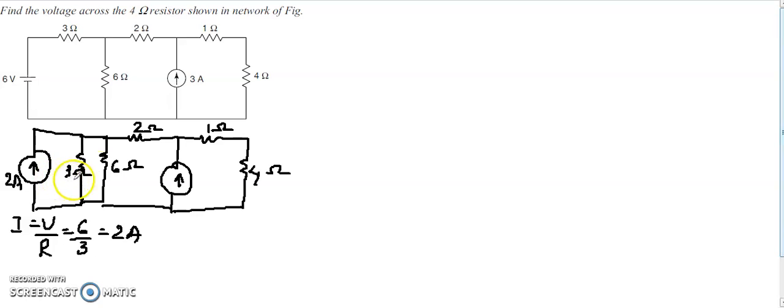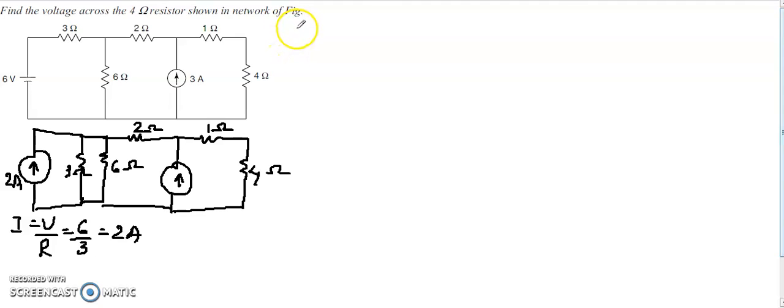So now we can change this. The 3 ohm and 6 ohm are in parallel. Therefore 3 into 6 by 3 plus 6, that is 18 by 9, is equal to 2 ohm. So we can bring these two resistors in parallel to get the effective resistance as 2 ohm.